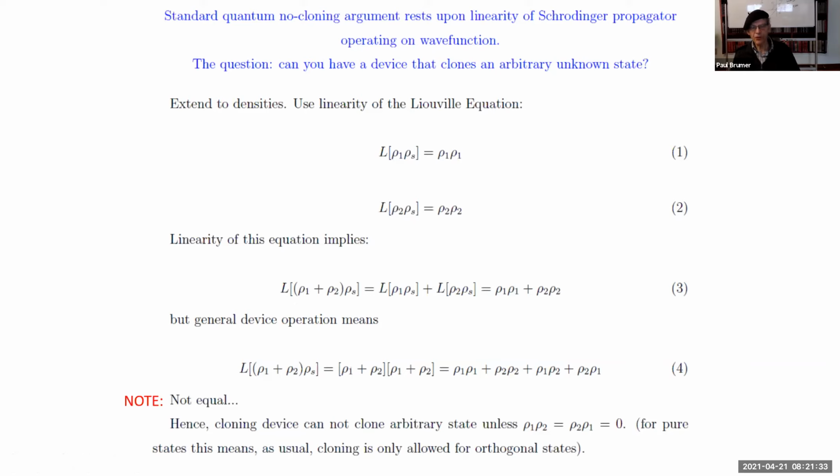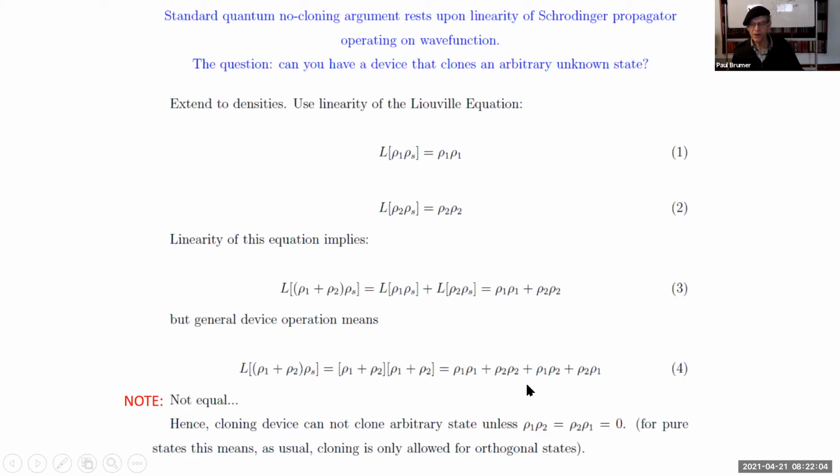That's the general proof that says you cannot build a machine that successfully manages to clone an arbitrary state unless the states are orthogonal. So here, that's actually a generalization, which I'd like to think about some more now that I did this for this talk. But here it says that this machine won't work unless ρ1ρ2 is equal to ρ2ρ1 equals zero.